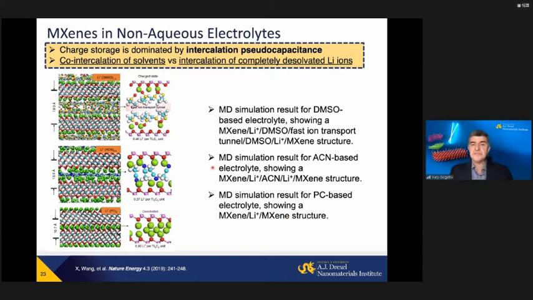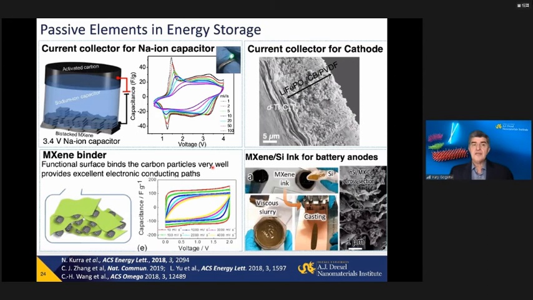It's totally stable here. So the message from this is that whenever we take new materials, it's not easy to introduce them into an energy storage system. We need to understand the effect of ions and solvents on the behavior of this new material system and select them appropriately to achieve the performance. What is also important, you can use MXenes as active materials in supercapacitors, batteries, and also in hybrid devices.